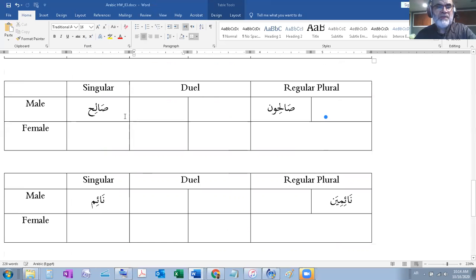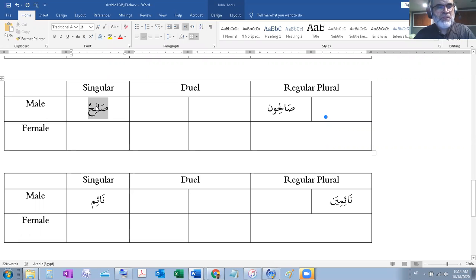Okay, how about here? Salih is a righteous person. So there is Salih and there is Salihah. So we have Salihun. Default is Salihun.